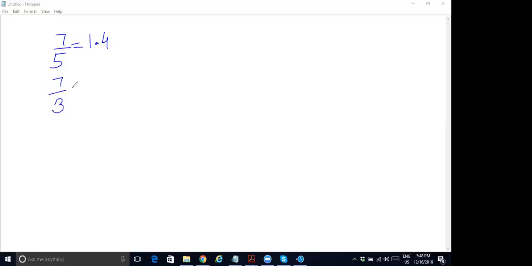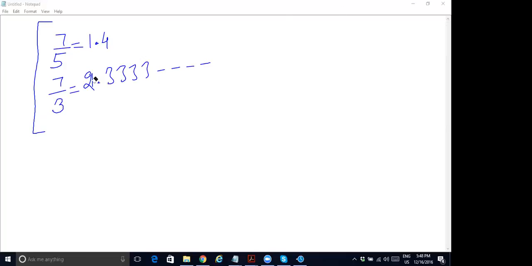And 7 by 3 is 2.3333, and it goes on. How can you look at the fraction and tell whether we will get a terminating decimal or a non-terminating decimal?